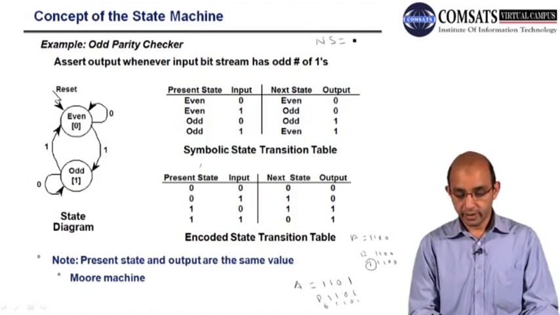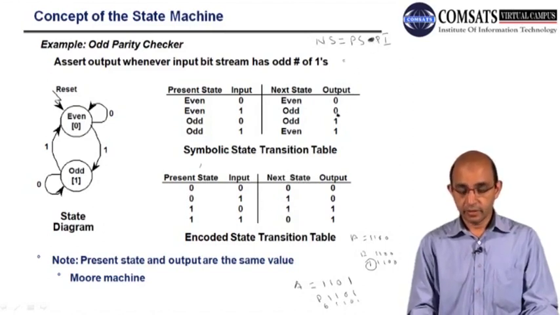Here we have 2 ones. This is the present state and this is, let me call it PI, present input. So what I will be having for this one is PS dot PI, where PS is 0 and for PI we have no complement.